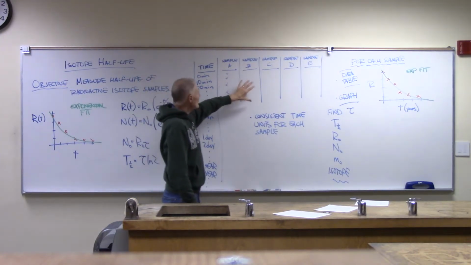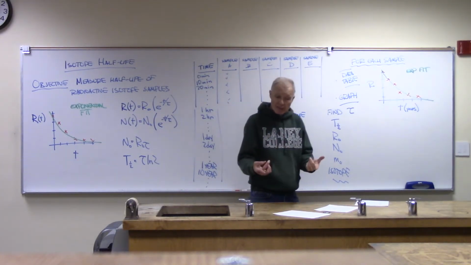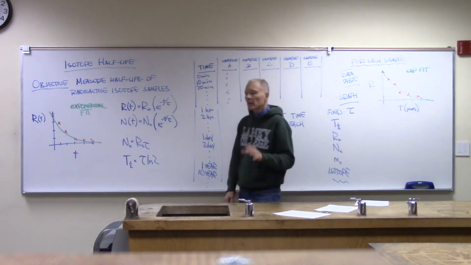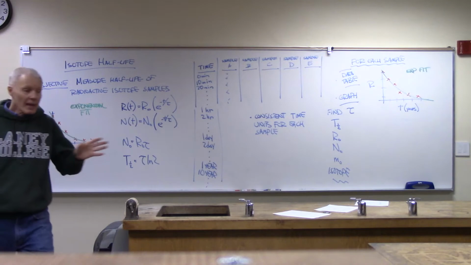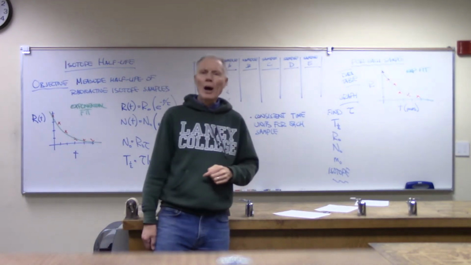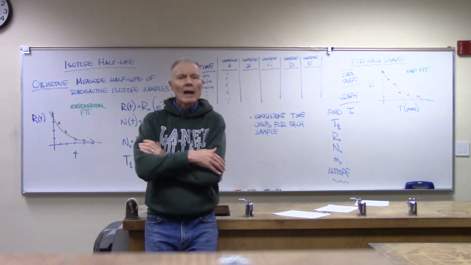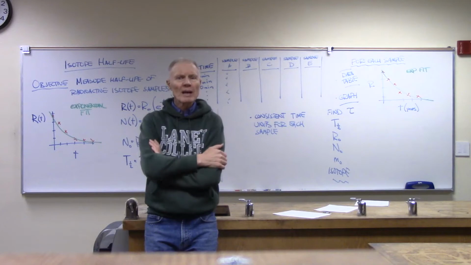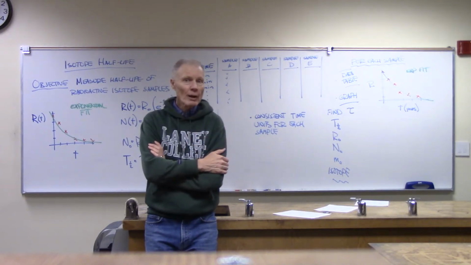Now, there are 5 different samples listed here. If you look at the data tables, you're going to find that some of these are very short-lived isotopes. They may only be around for a few hours, so we've got to measure those very quickly and get a series of measurements made on all of those. Some of the other samples are going to be around for days or years.